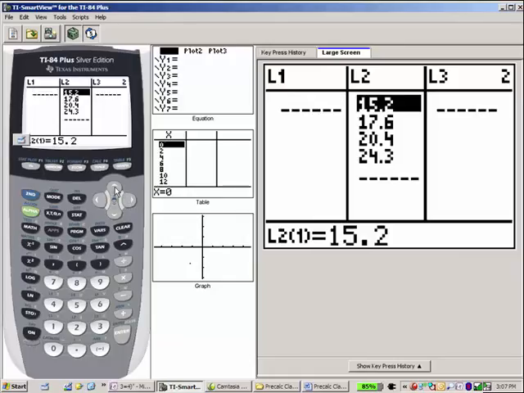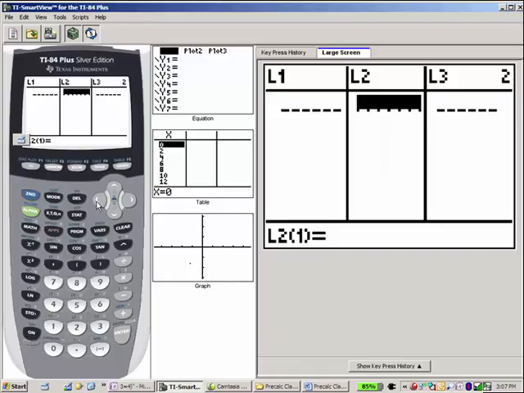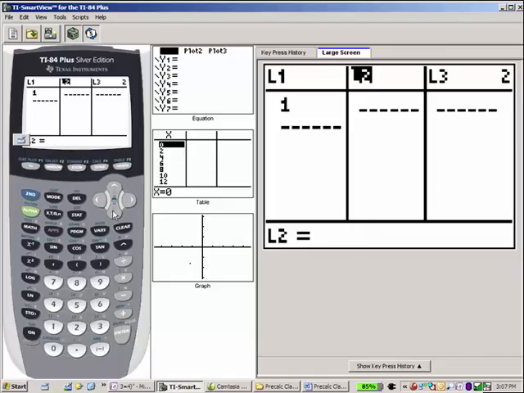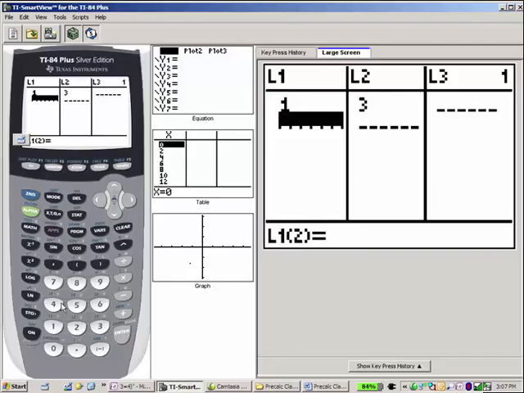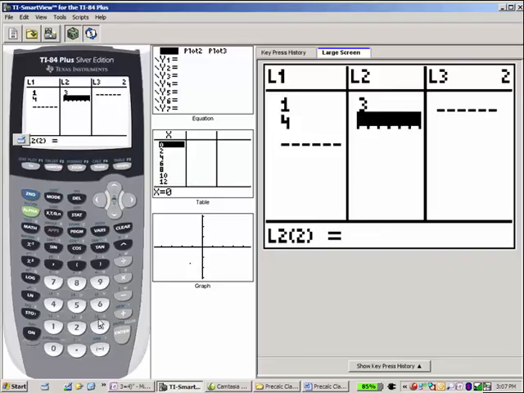And if you go over and up to L2 and hit Clear and then Enter, it clears out L2. And now you're ready. You can plug in the points 1, 3. So 1 in the L1 and 3 in the L2. And then 4, Enter, 6. So you can give the calculator 2 points.